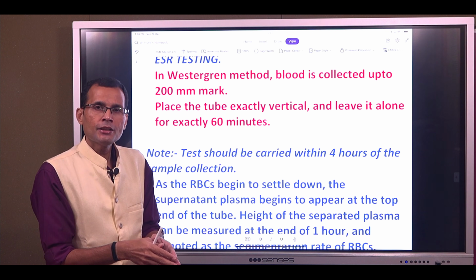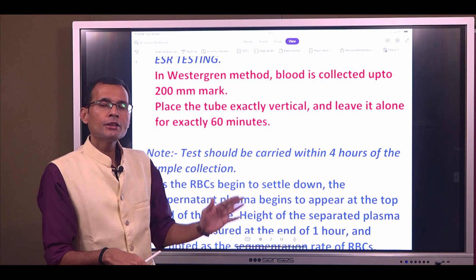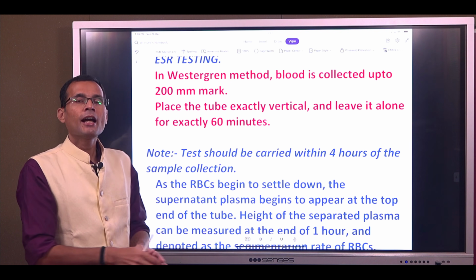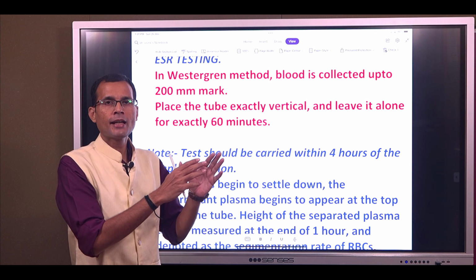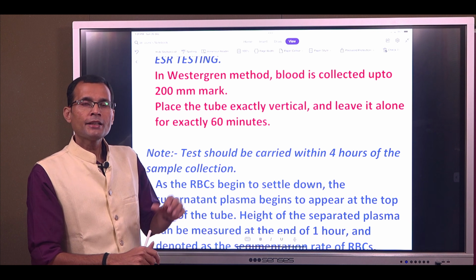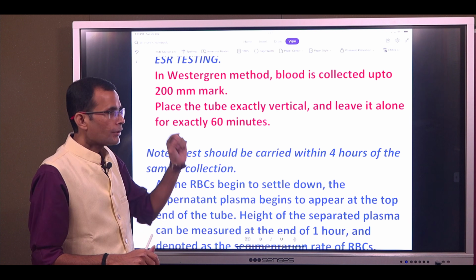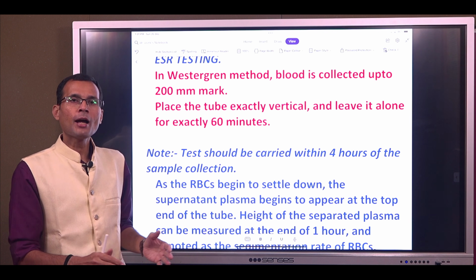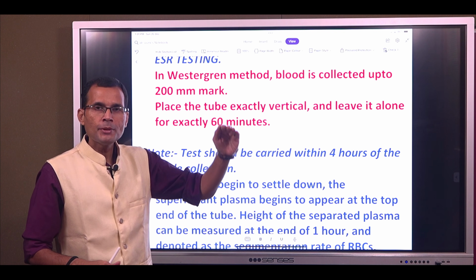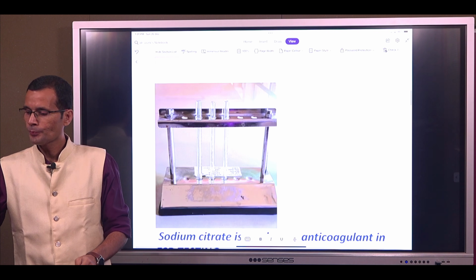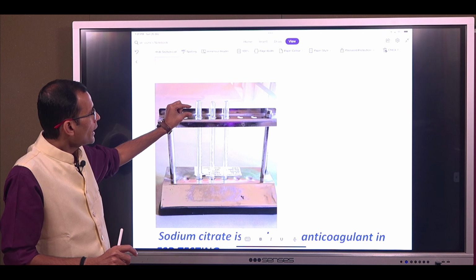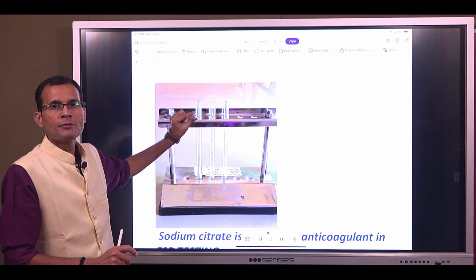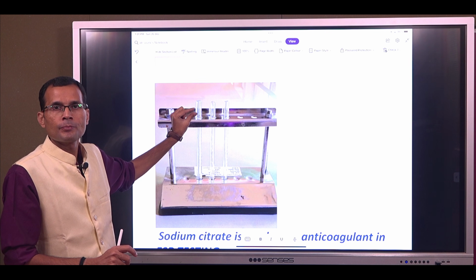The sample is taken and it is transferred to the stand and then left undisturbed, leave it alone for exactly 60 minutes. At the end of 60 minutes, take the reading. Now, what's going to happen is the RBCs begin to settle down toward the bottom end, and there will be a supernatant plasma which will be visible.